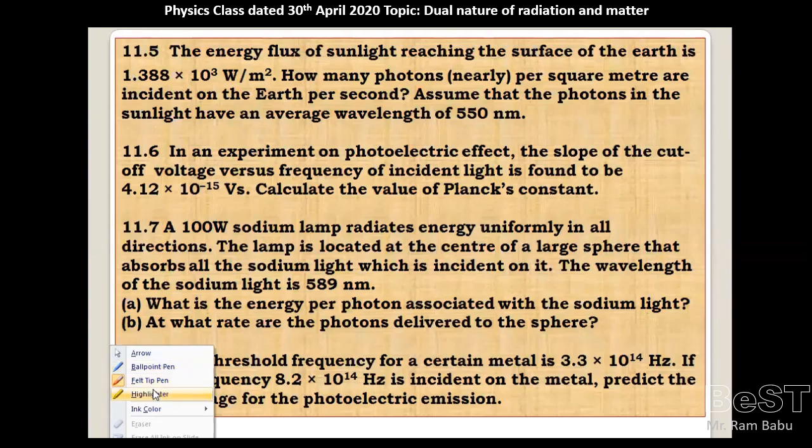So problem number 11.5. The energy flux of sunlight reaching the surface of the earth is 1.388 into 10 to the power of 3 watt per meter square.